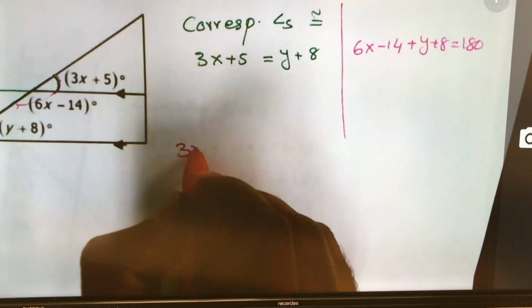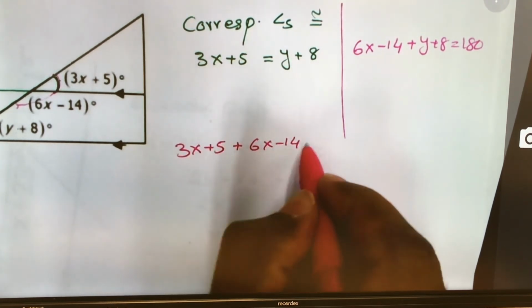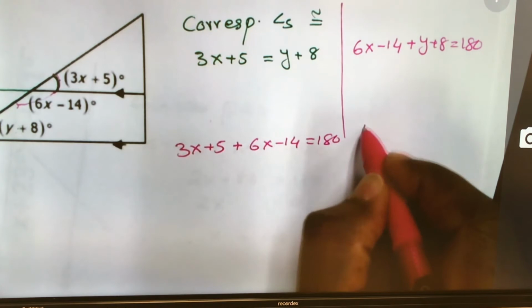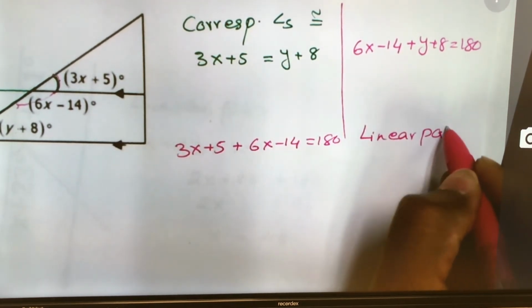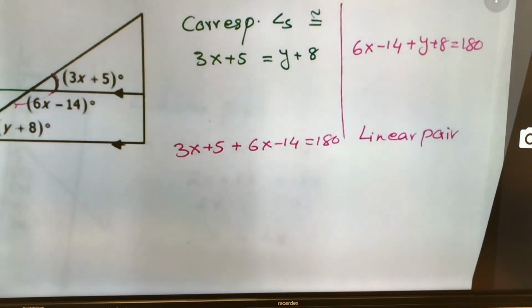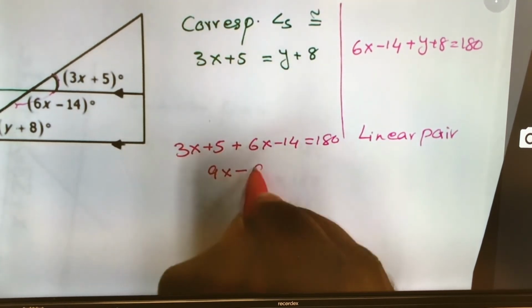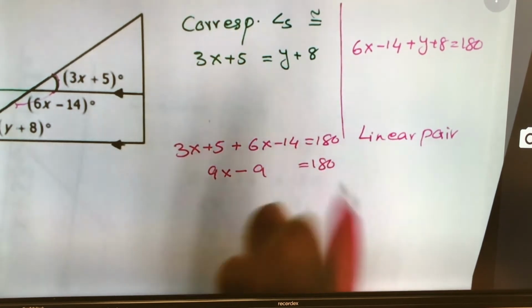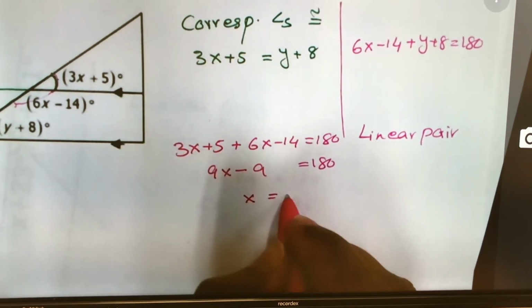So 3x plus 5 plus 6x minus 14 is equal to 180, because they are linear pairs. So combine the like terms, you get 9x minus 9 is equal to 180. To solve for x, add 9 on both sides. You get 189. Then divide by 9, you get x is equal to 21.